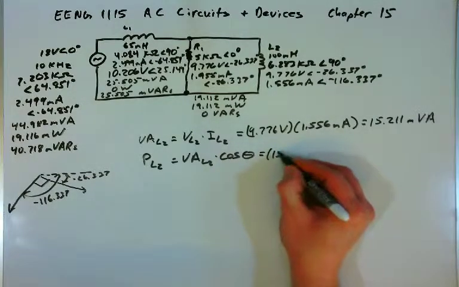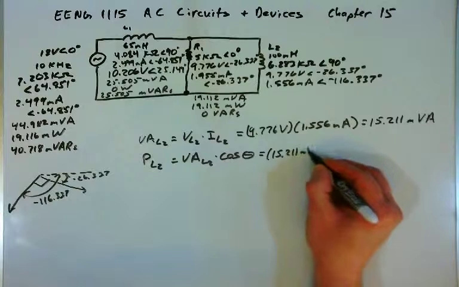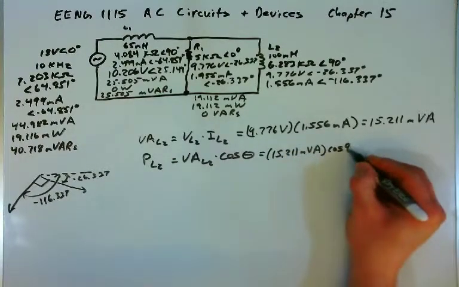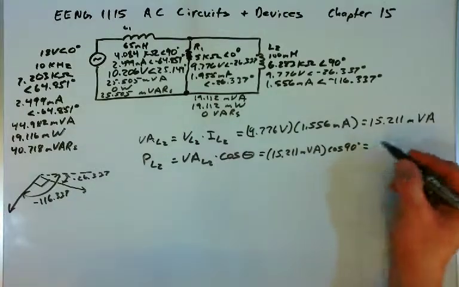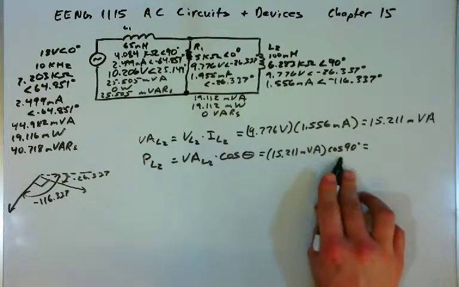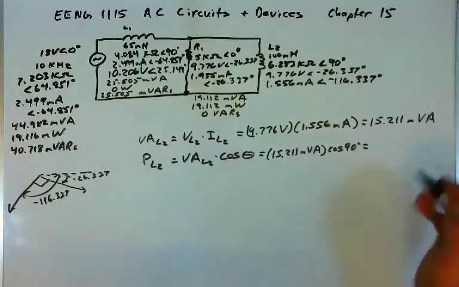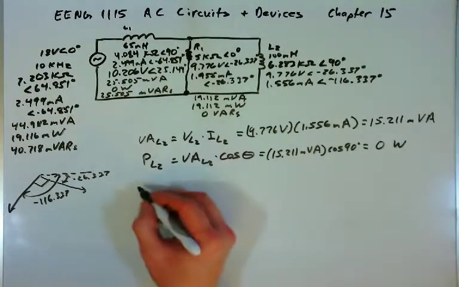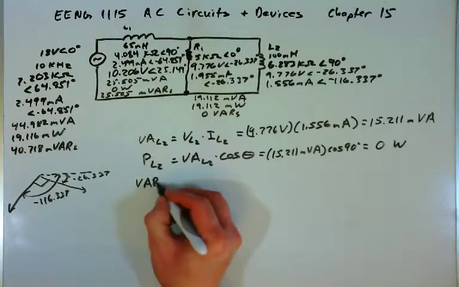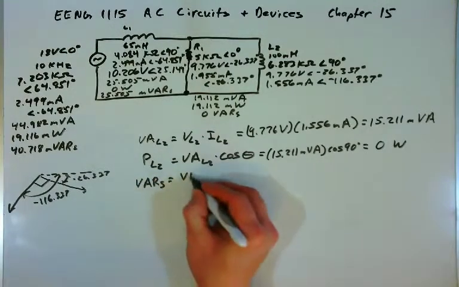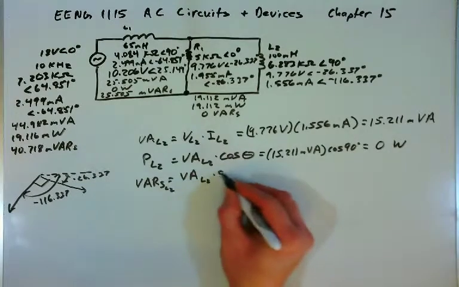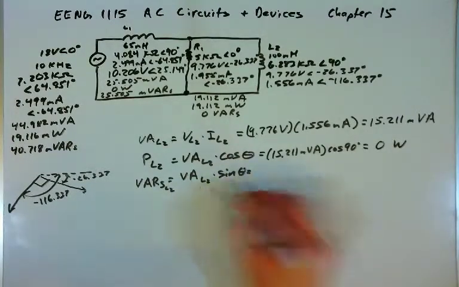So the volt amps we know, 15.211 millivolt amps. We're going to multiply by the cosine of 90 degrees. The cosine of 90 degrees is 0. And so 0 times 15.211 is 0 watts. The inductor uses no power. And the volt amps reactive will be the volt amps for L2 times the sine of the angle.